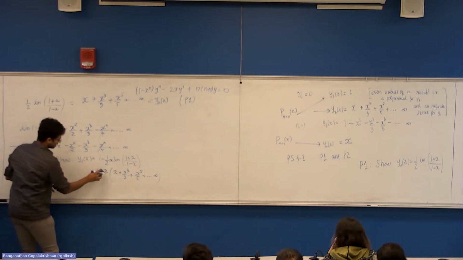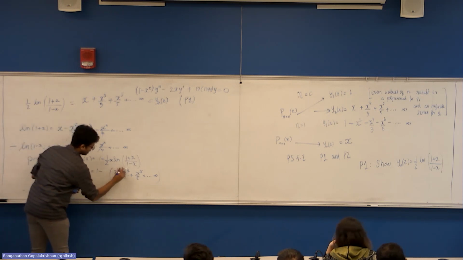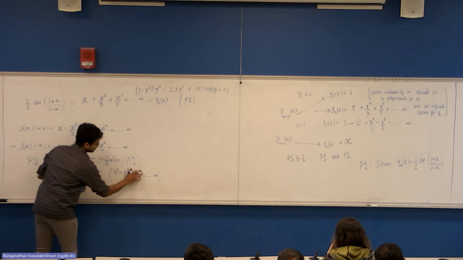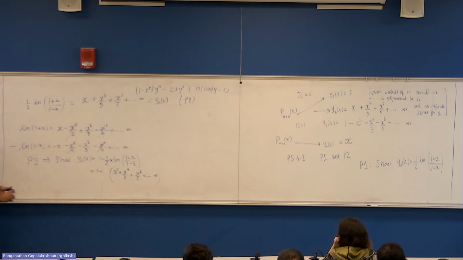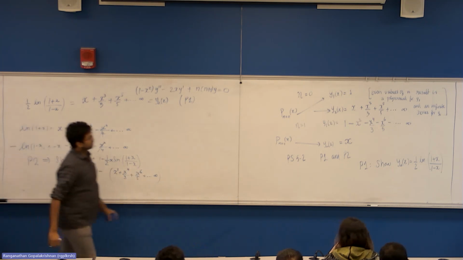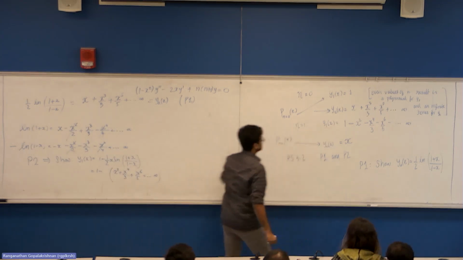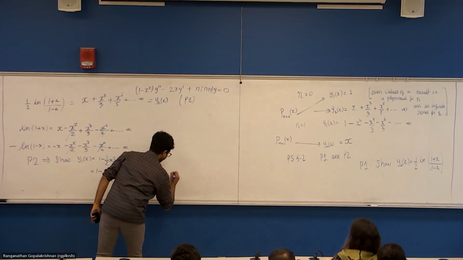Or I can write this as x squared, x to the fourth, x to the sixth and so on, which clearly is equal to this y1.